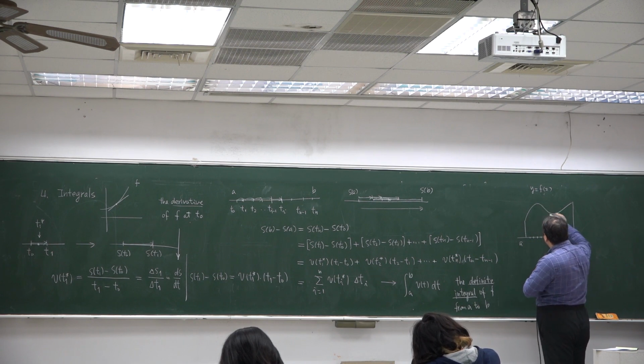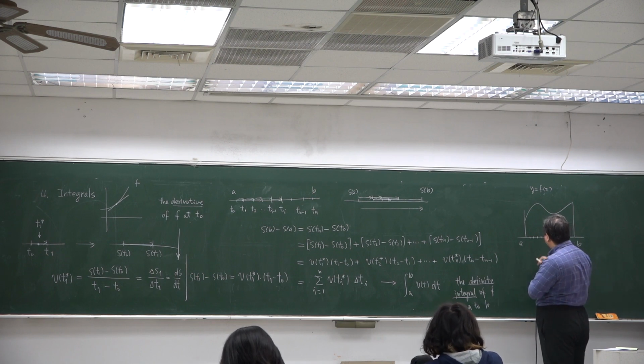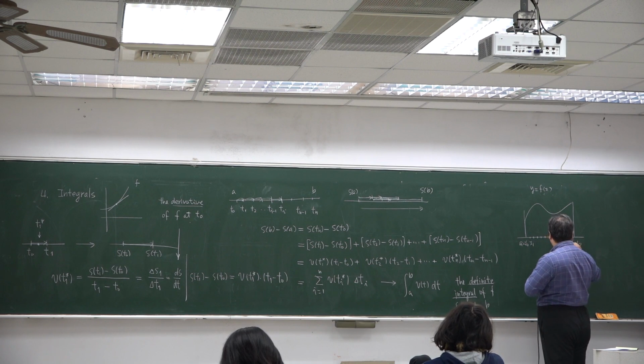How to find the area enclosed by this curve and these three straight lines? Okay. If we choose some points, first we call this one x0, x1, x2, x3, up to xn minus 1. This is xn. Okay.